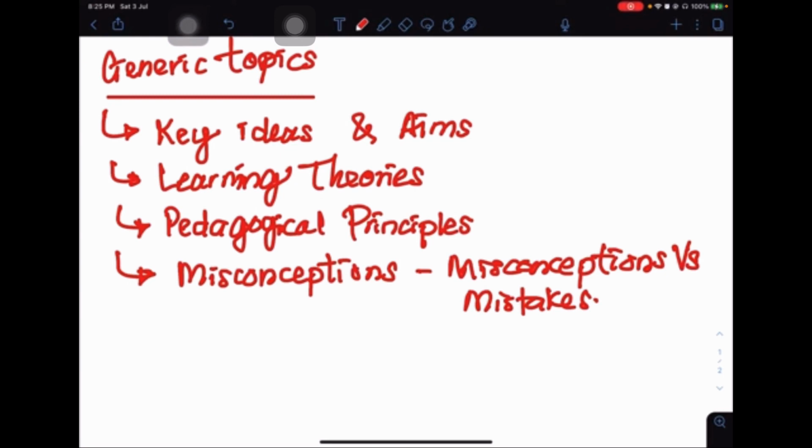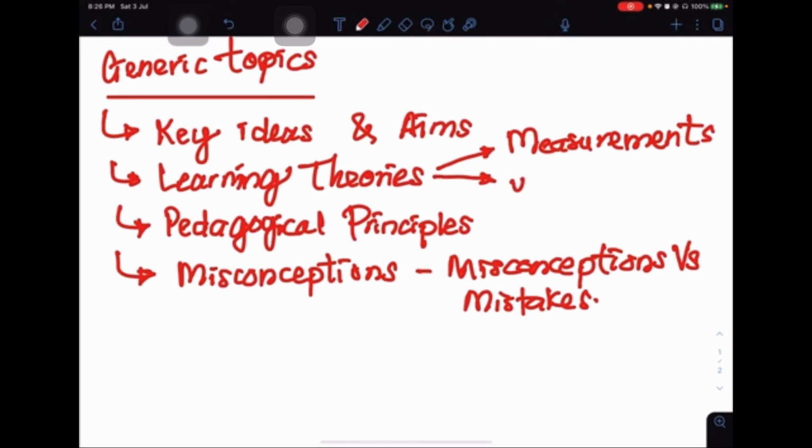Now, for learning theories, we can use all the learning theories for measurement, and we can use all the learning theories for geometry, but for geometry we have a special one, which is Van Hiele.